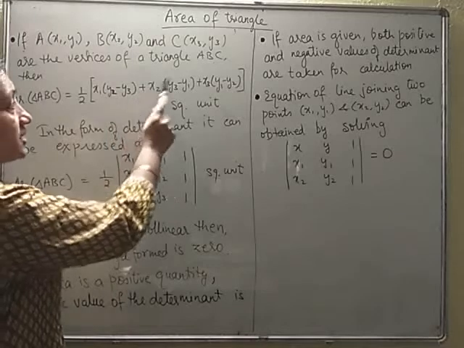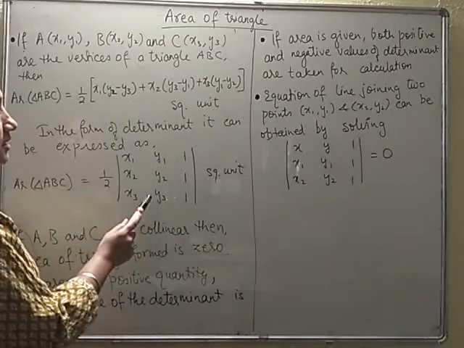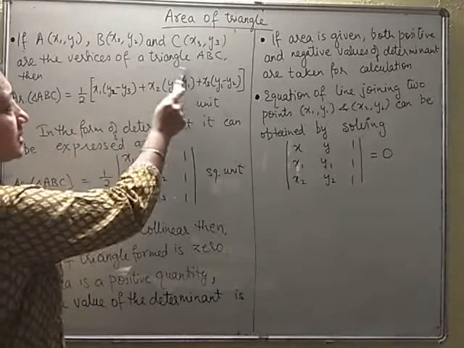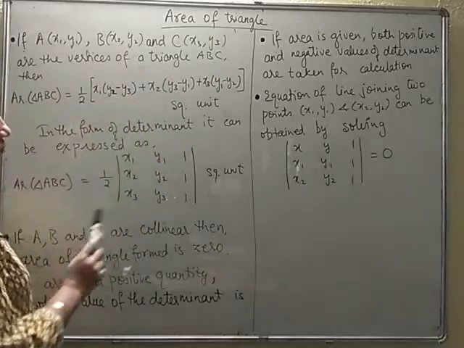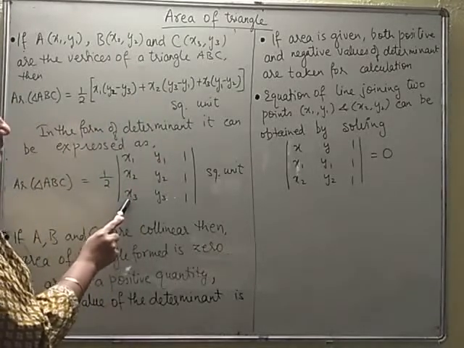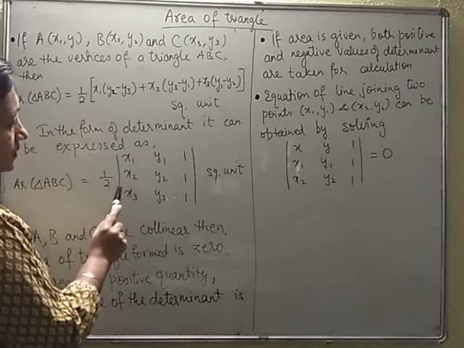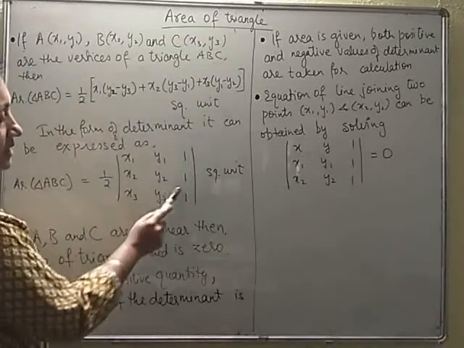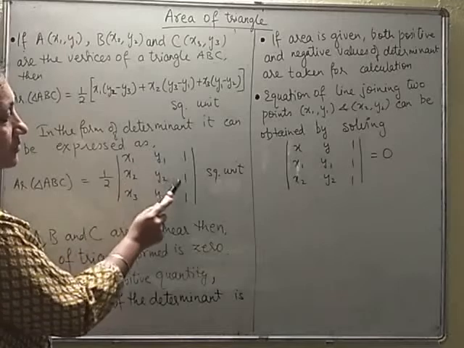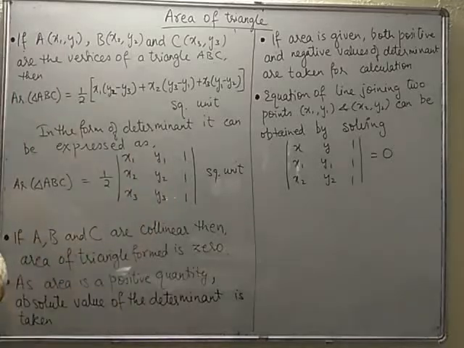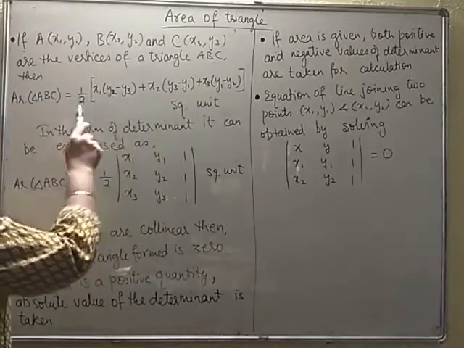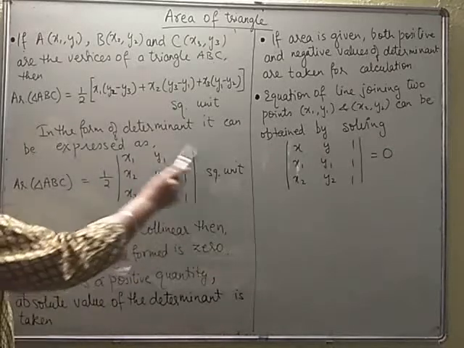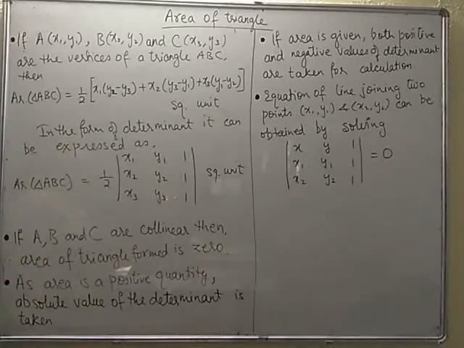So if that minus is multiplied inside, the inner expression will become y3 minus y1, and it can be converted into exactly this form. Then coming to the third element, which is x3, hiding its row and column, this is the minor determinant left, which on solving gives us y1 minus y2. So the above expression for finding the area of triangle can be expressed in the form of a determinant only.